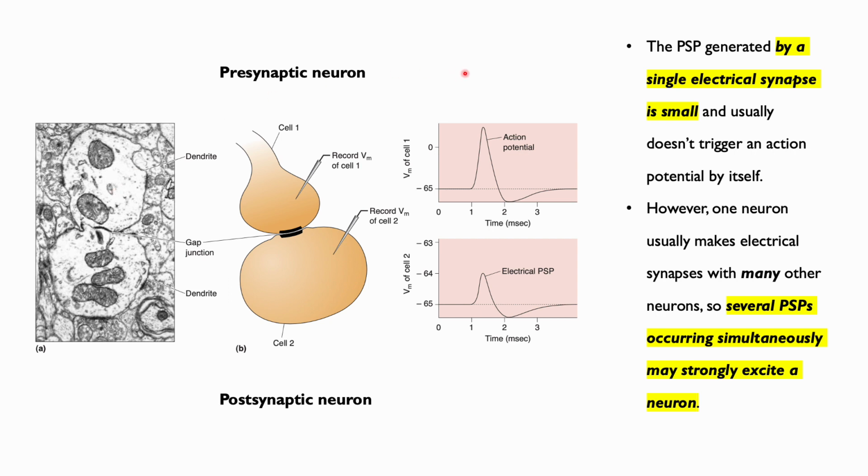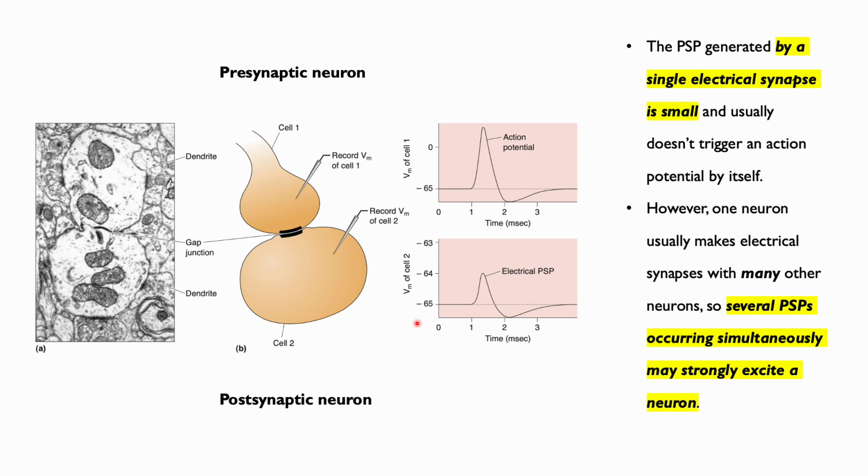So the postsynaptic potential that's generated by a single electrical synapse is actually very small and usually doesn't trigger an action potential on its own. However, there's this common notion in neuroscience that cells that fire together wire together. If we have several neurons that are sitting around each other that are generating postsynaptic potentials, this can induce an action potential.